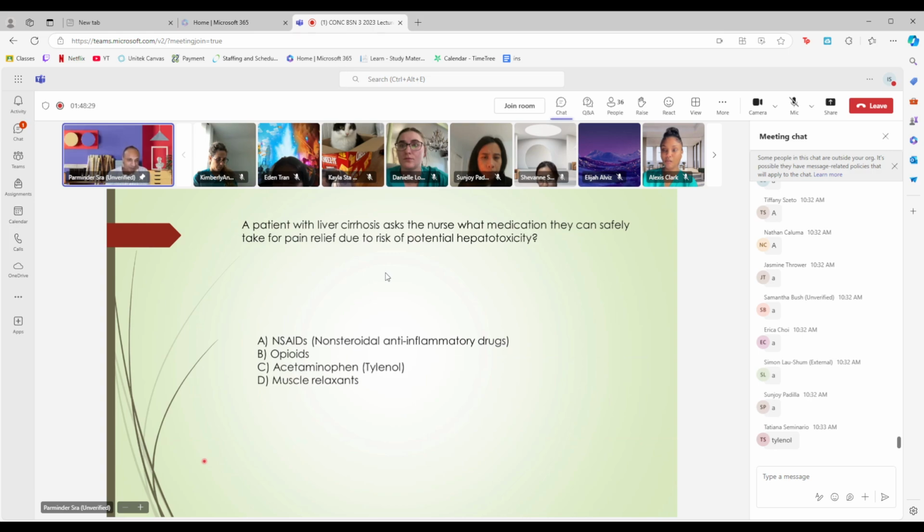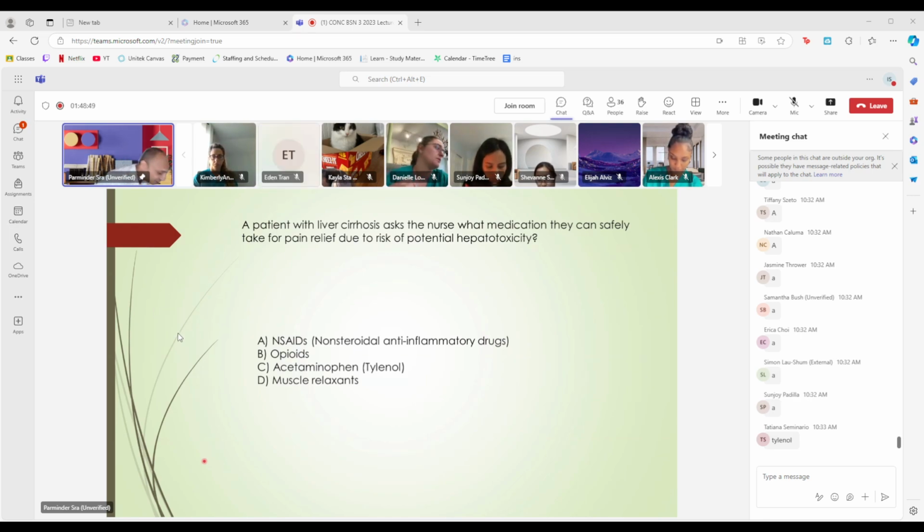And the comparable option would be A, NSAID, could be ibuprofen, naproxen, because they don't cause hepatotoxicity. But if the patient has a cardiac condition, then you cannot give them NSAID, then the choice would be Tylenol, acetaminophen. Okay, is that clear to everyone? Any confusion on that? All clear?